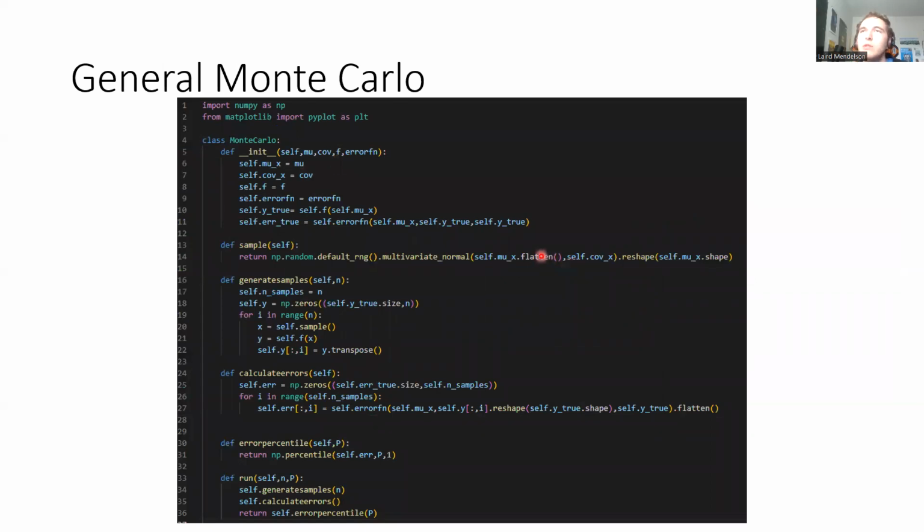Then you pass in the error function as well. The error function takes that unit vector and calculates the error between that and what it's supposed to be. The inputs to the error function are the true x, the y at that x, which you calculate up here, and down here you can see the true x mu, the y value you get with the randomly modified input, and the true y value at the mean.